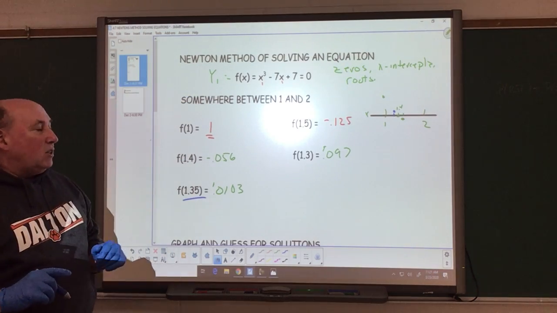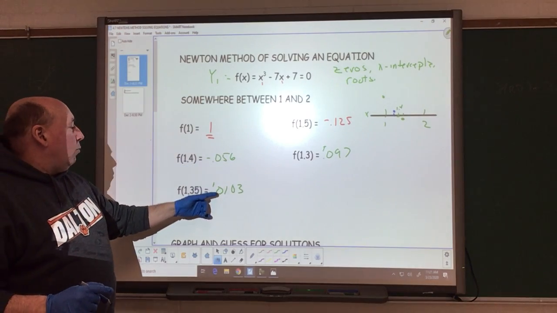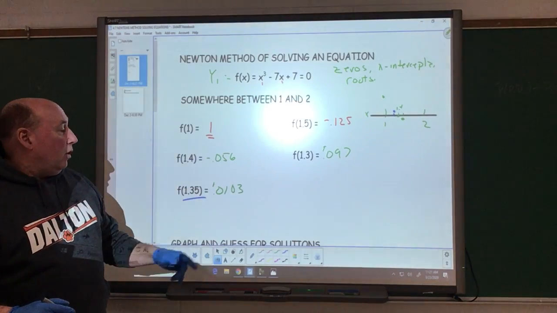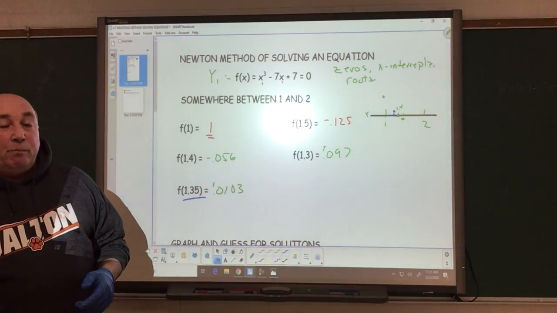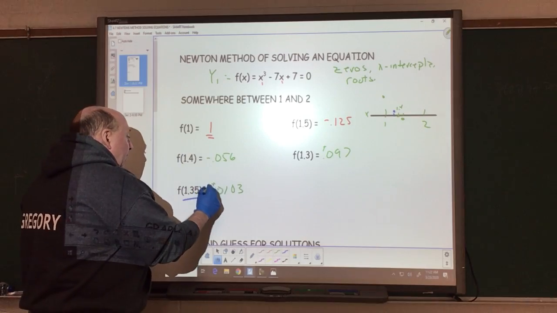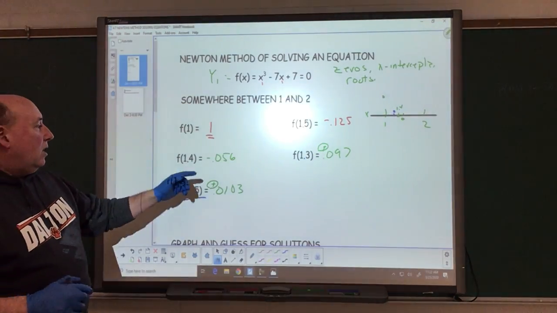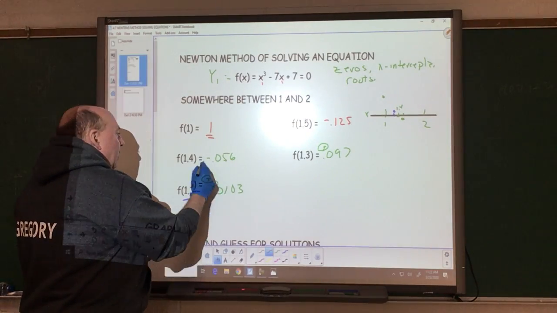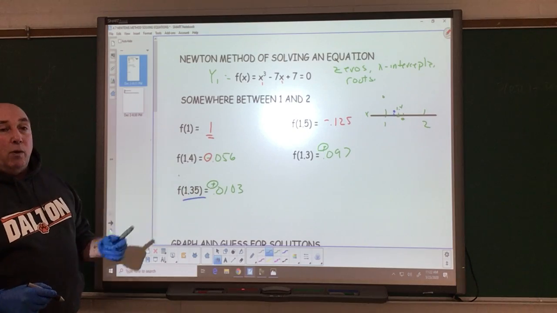So the question I ask you is, are we going to be in between 1.35 and 1.4 or 1.35 and 1.3? Well, since both of these are positive, both of those values are above the x-axis. Since this one is positive and this one's negative, I have to be somewhere in between 1.35 and 1.4.